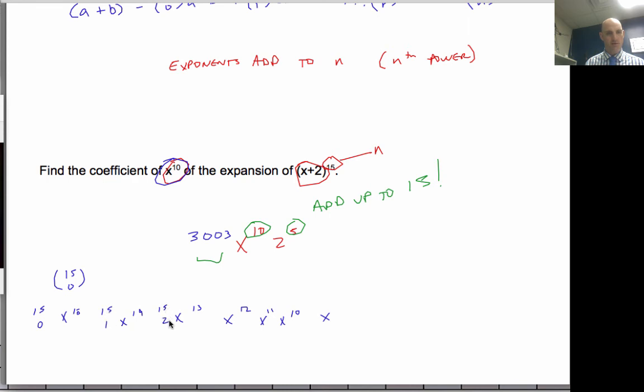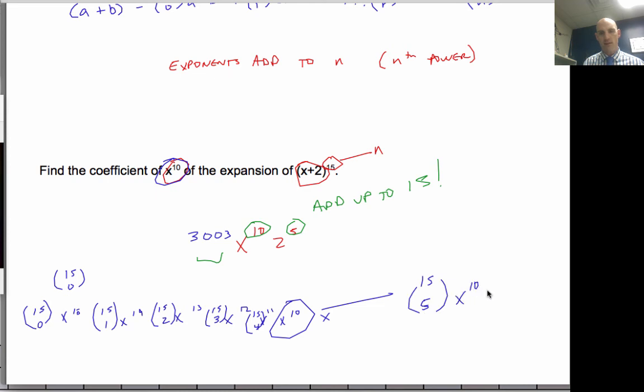This is 15, 2. This is 15, 3. What am I doing? I'm saying you either look up on Pascal's triangle if you've got a big one, or you use your nCr formula to find that exponent. 15, 4, and then this one, on the 10th power, would be 15C5. X to the 10th, 2 to the 5th. Okay? So 3003 is 15C5.